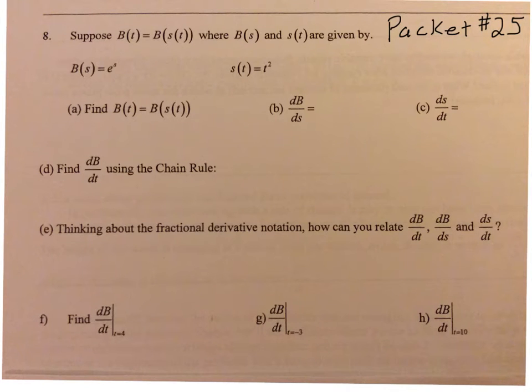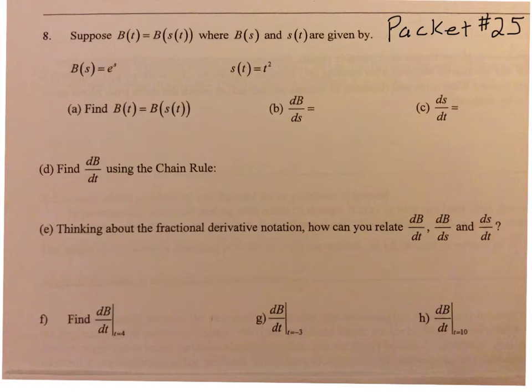This is packet number 25, problem number 8, and we're looking at composition of functions and the chain rule. So part A says we want to find b of s of t, which is the composition of the function b and s of t.